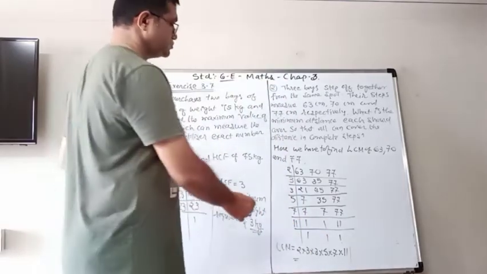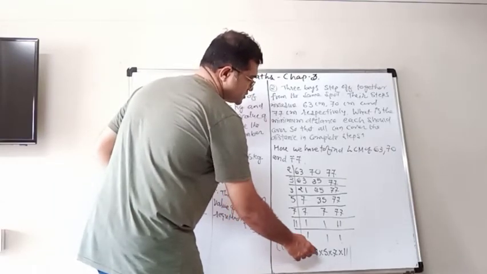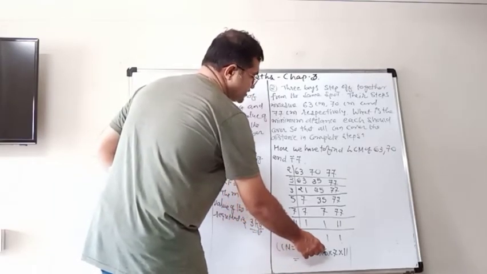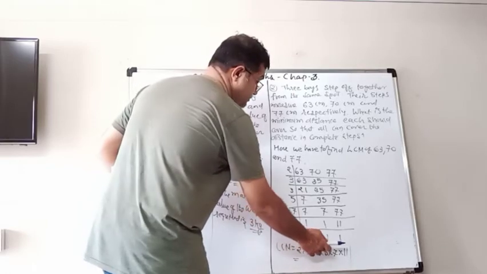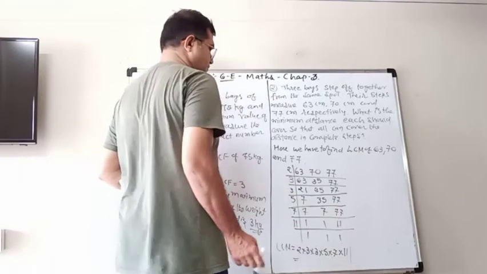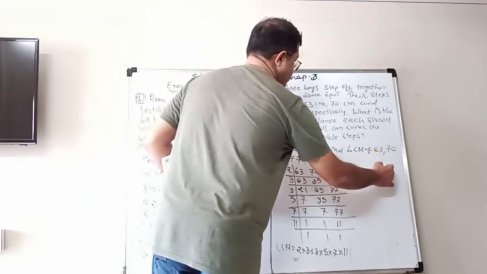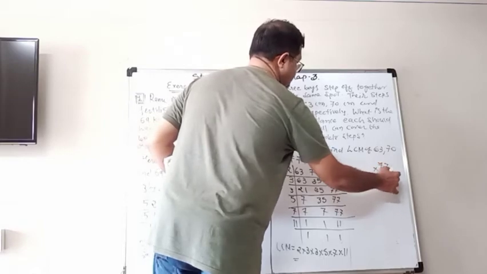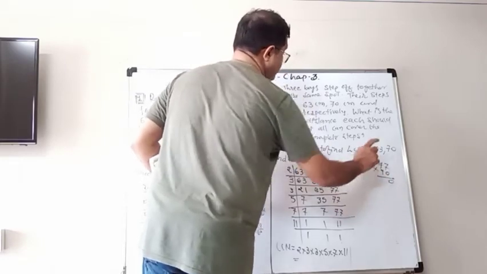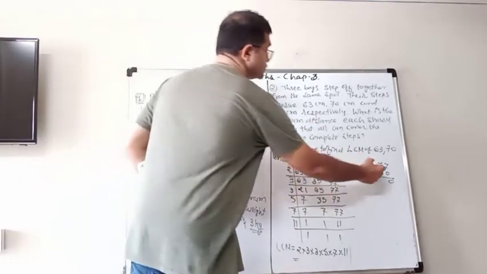So 2 3s are 6, 6 3s are 18, 18 5s are 90. 90 multiplied by 77, as 11 7s are 77. So we will multiply 77 by 9 and keep that 0.